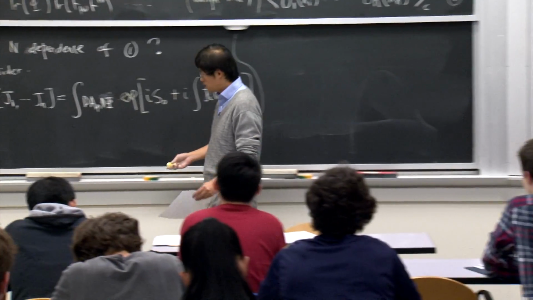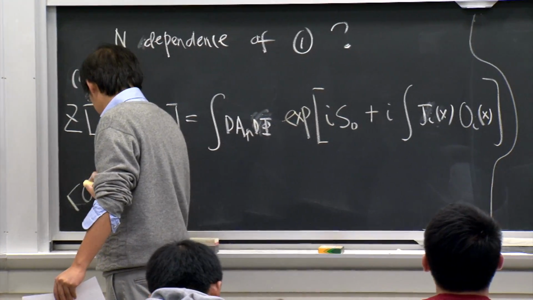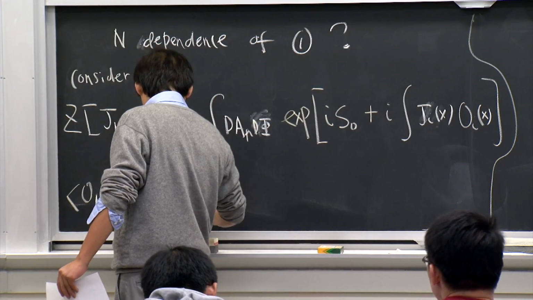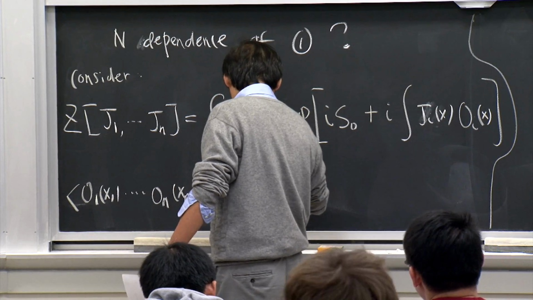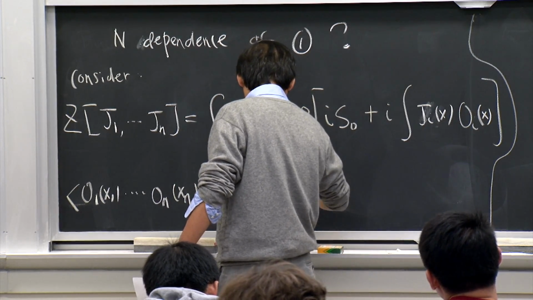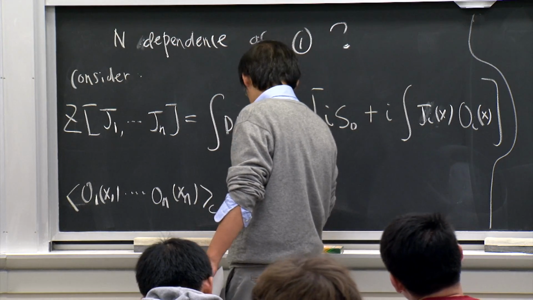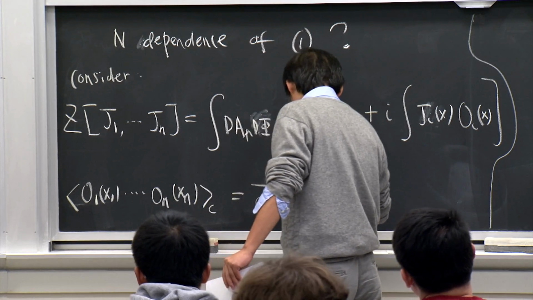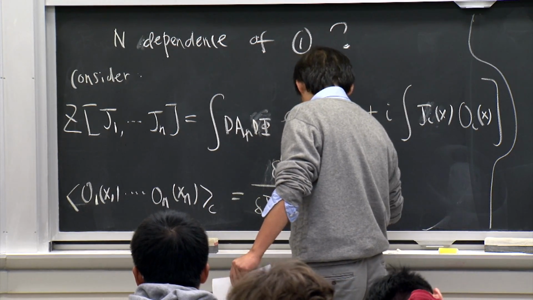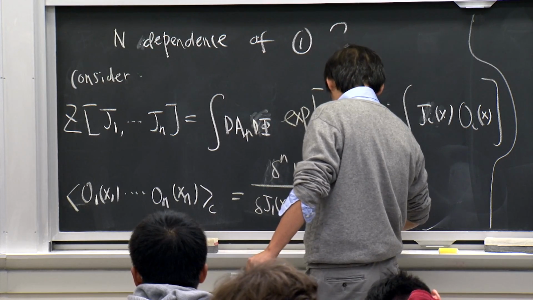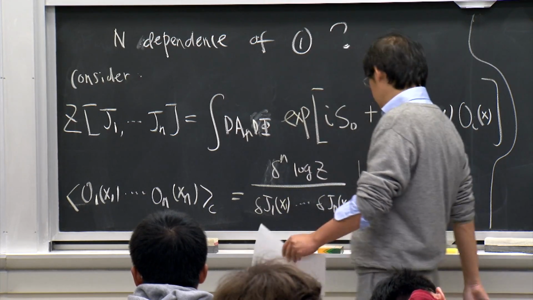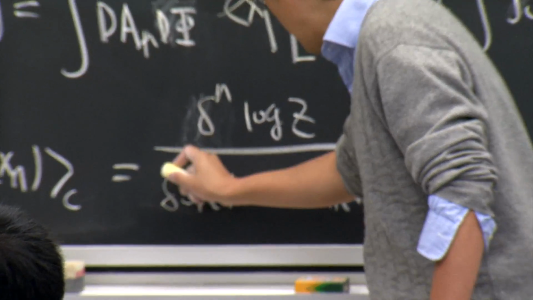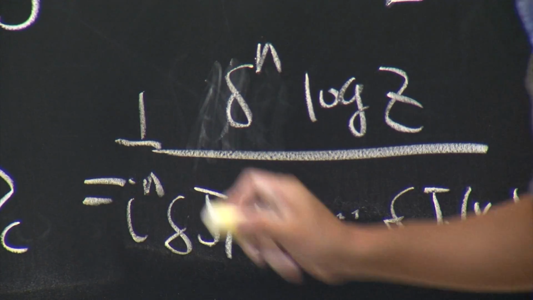For example, the connected correlation function of n operators would be just you take the derivative of log Z, delta over delta J1(x1) through delta Jn(xn), and then you set all the J equal to 0. Then that gives you the n-point function. Okay, I should write I here, so I to the power n.